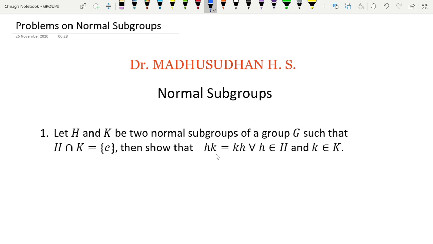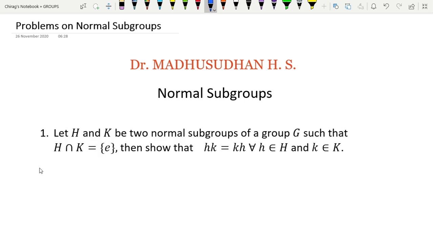Then show that hk is equal to kh for all h belongs to H and k belongs to K. We know that if H and K are two subgroups of a group G, then H intersection K is also a subgroup. So the subgroup must contain the identity element. So here e is the identity element.